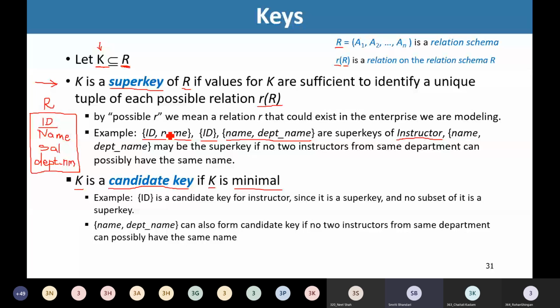So there exists a subset of this key ID name, and that subset is ID, and ID can also form my super key, right? So I will not say that this set ID name is my candidate key. Are you getting me? Or shall I repeat once again? Ma'am, repeat.